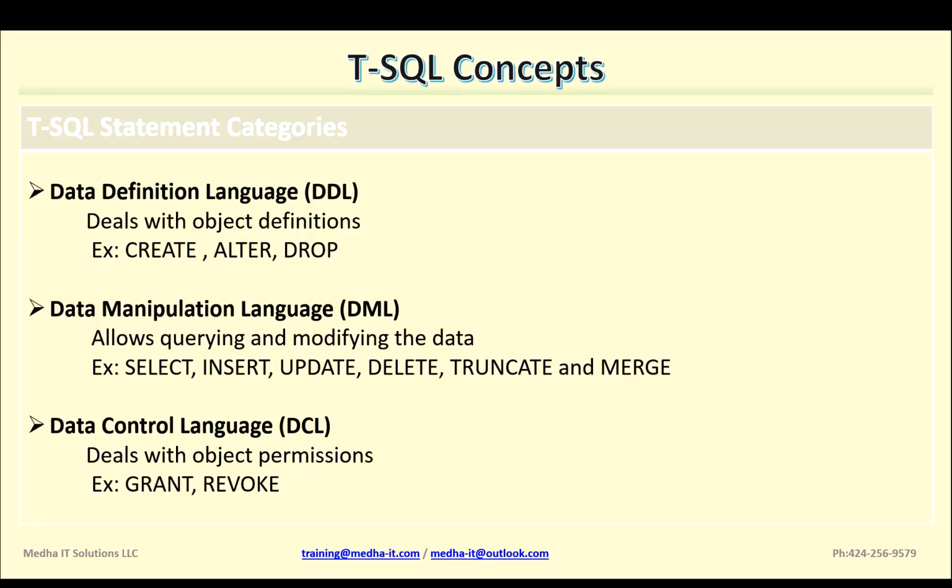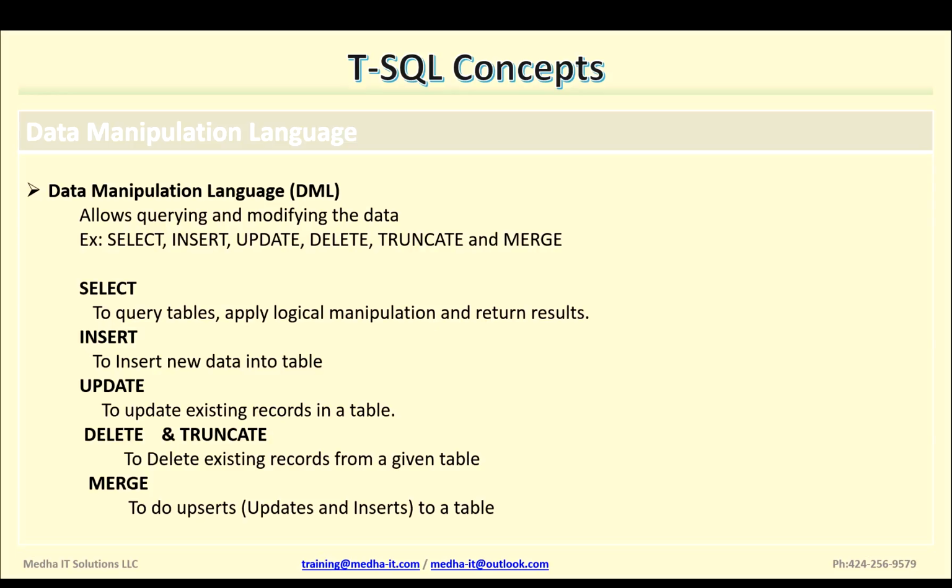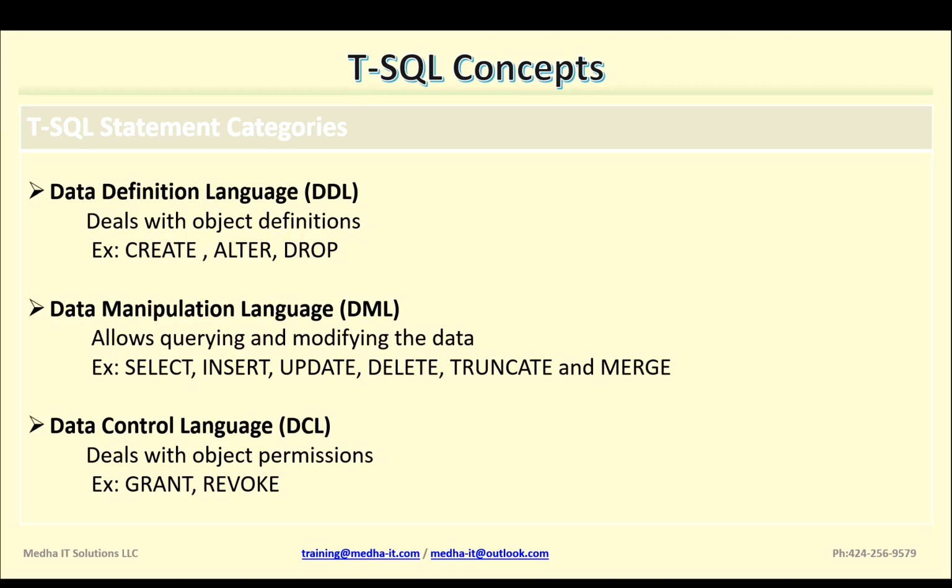So what does data definition language do? Data definition language consists of all the statements that are used to define the objects in the system. For example, creating a table, a view, a stored procedure, any object in the SQL Server.